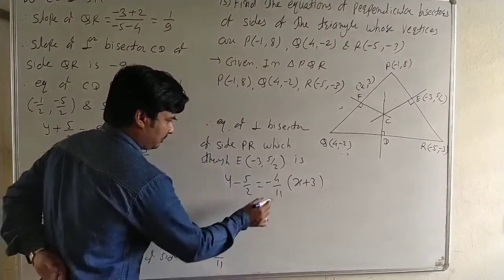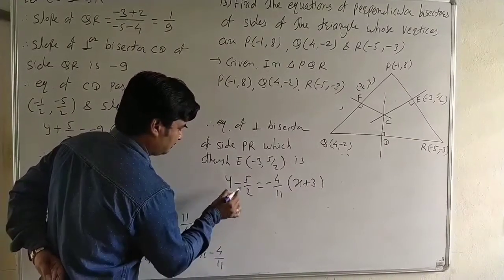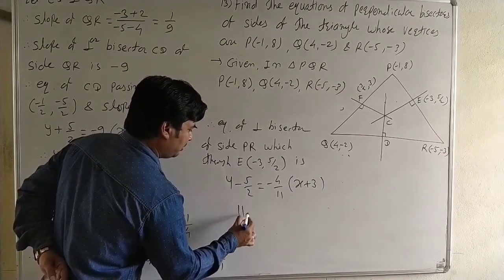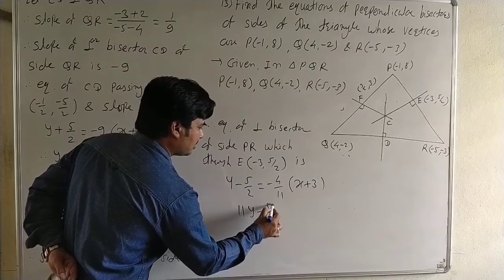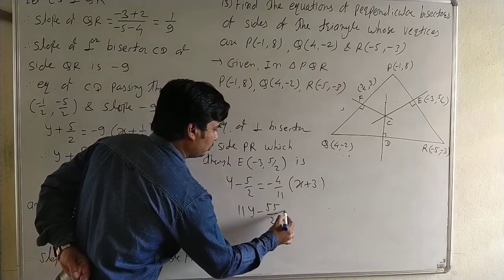Now calculate, 11 this side, therefore we can write 11y minus 55 upon 2 is equal to minus 4x minus 12.